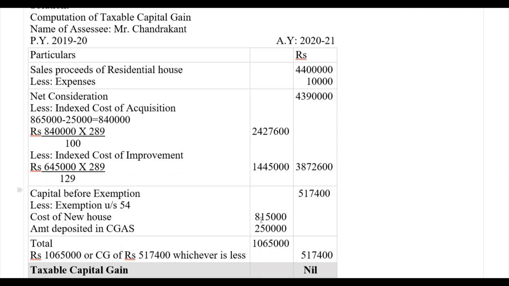Though he has purchased a new house costing rupees 8,15,000 and deposited rupees 2,50,000, he is eligible to claim only to the extent of the availability of the capital gain. So this is the capital gain before exemption, and only this much he can claim as exemption. Let me make this bold so that it is distinct to the viewers.